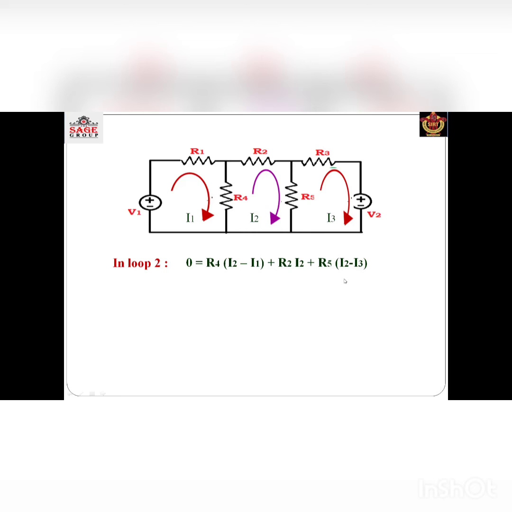I2 minus I3. This is your equation number 2. Now we will have to write the equation for the loop third. Then the loop third will be, firstly check the elements that are connected in the loop third. So we can say there are 3 elements, R5, R3 and V2. Now we will write the equation.